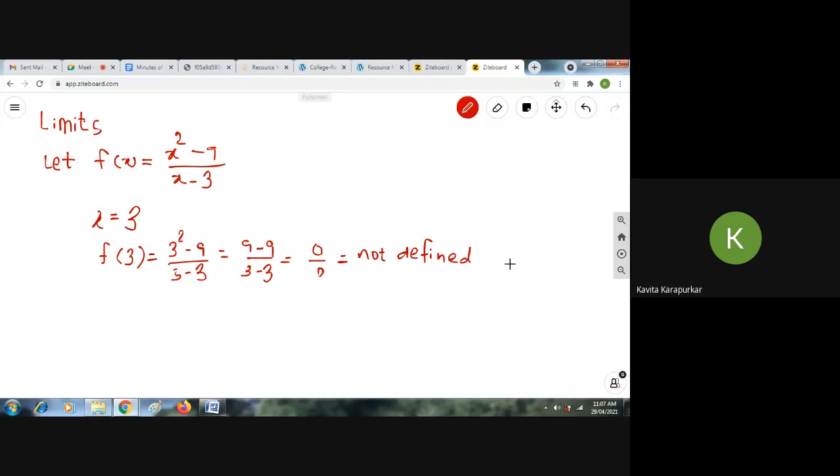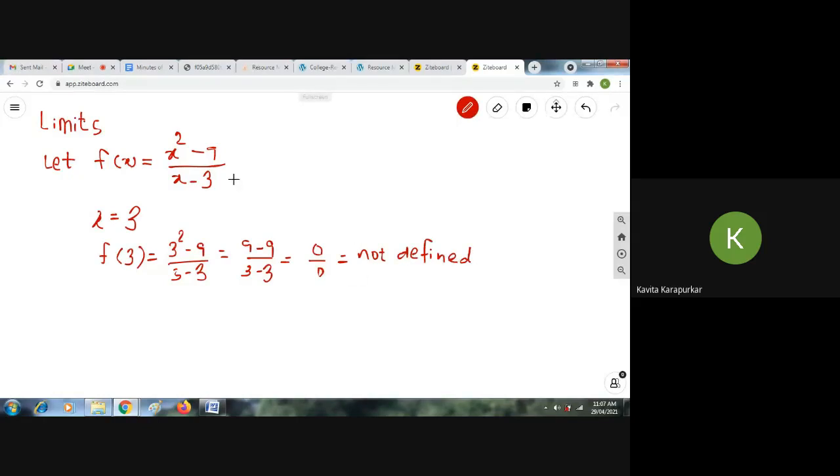So x can take values such as 2.6, 2.7, 2.8, 2.9, 2.956, 2.999, like that. Or it can take values such as 3.001, 3.02, 3.03, 3.04, 3.059, something like this, which is close to 3 but not 3.